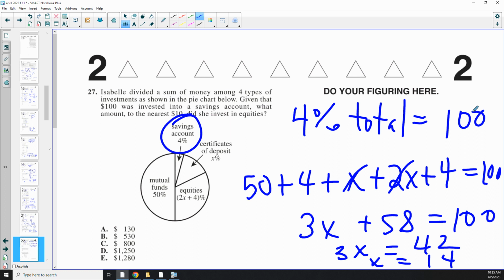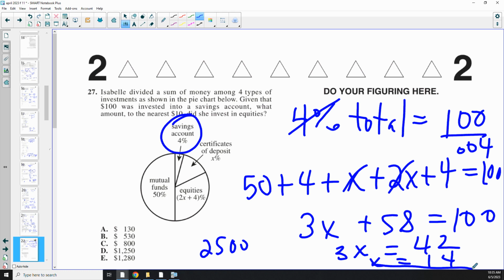If we got x, the total would be 100 divided by 4%. I will do that on the calculator. 100 divided by 0.04. So 2,500 was invested total.